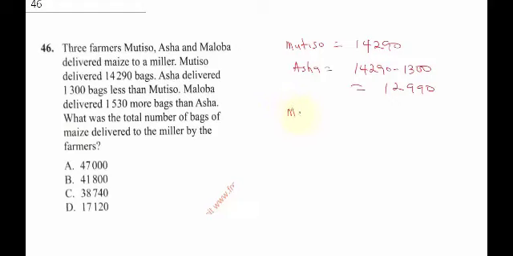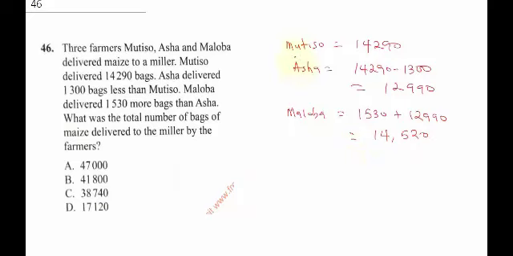Then Maloba. It says Maloba delivered 1,530 more bags than Asha. So Maloba did 1530 plus 12990, what Asha did. When you sum this up, you're going to get 14,520. Now, having gotten this, we want to get the total number of bags.